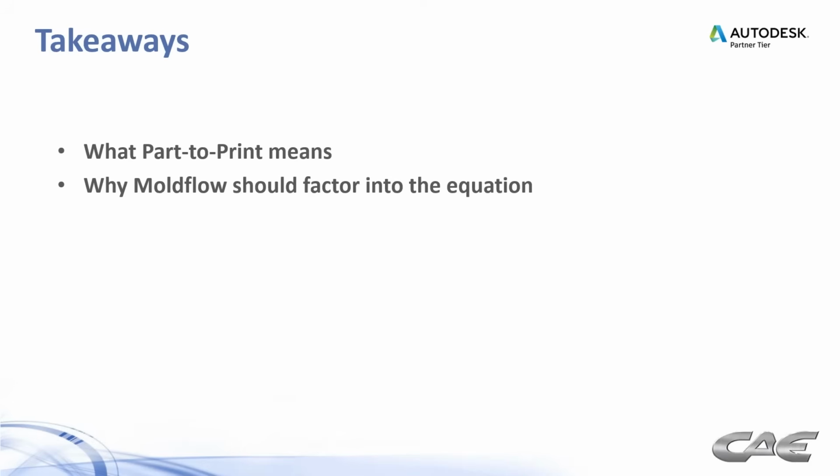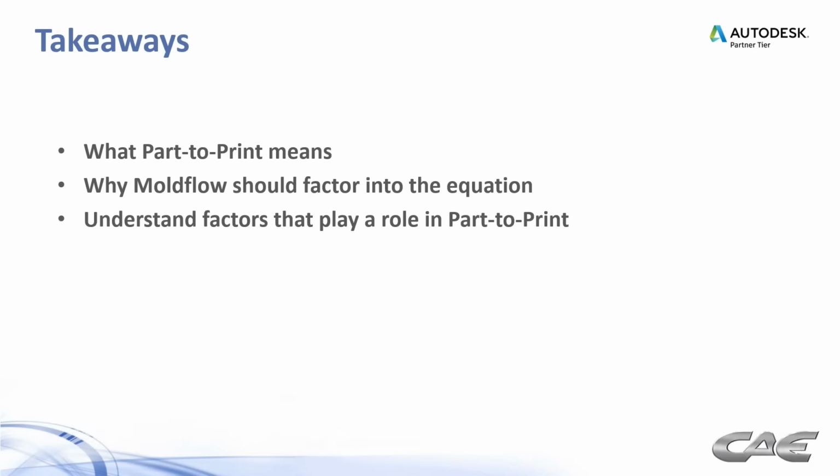So here are a few takeaways that I'd like for everybody here to have when they're finished with this. So first of all, I want you to understand what part to print means, and why Moldflow should factor into that equation. And then you should understand the factors that play a role in part to print.